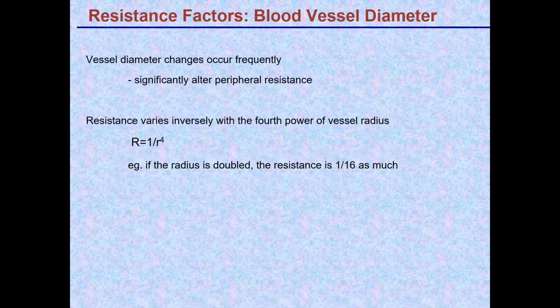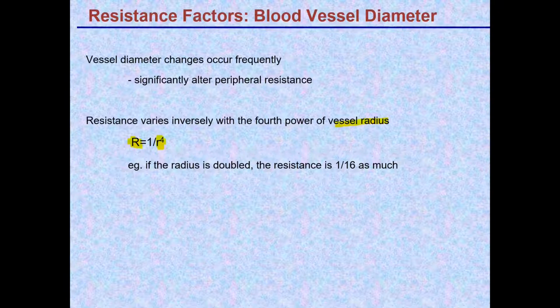And the relationship between the blood vessel radius and the resistance is that resistance goes up as the radius gets smaller. Okay, so it's an inverse relationship.